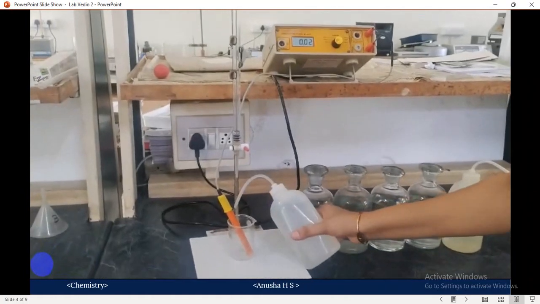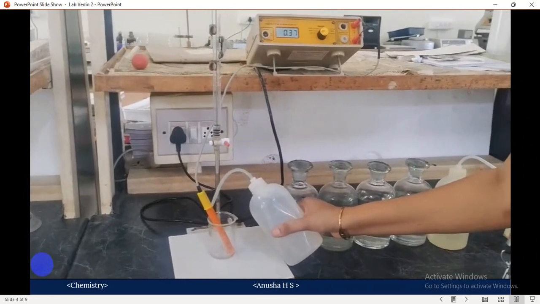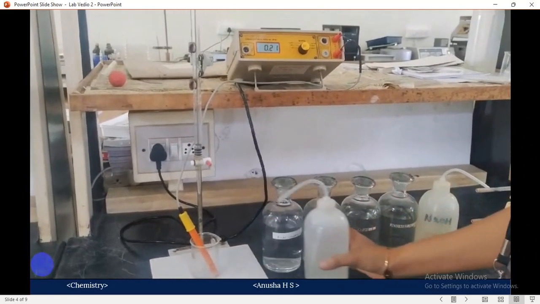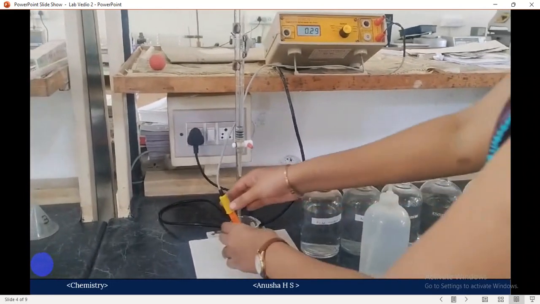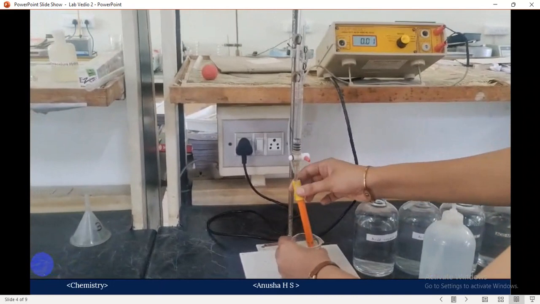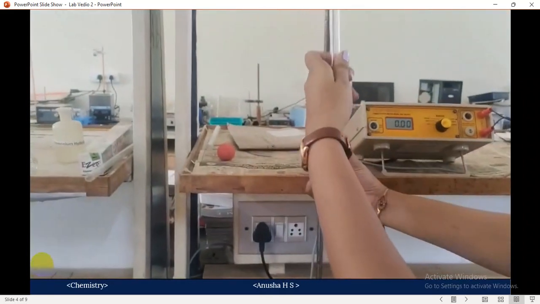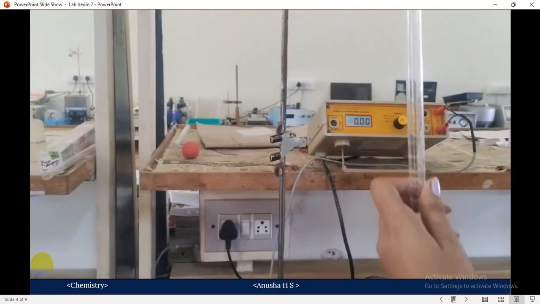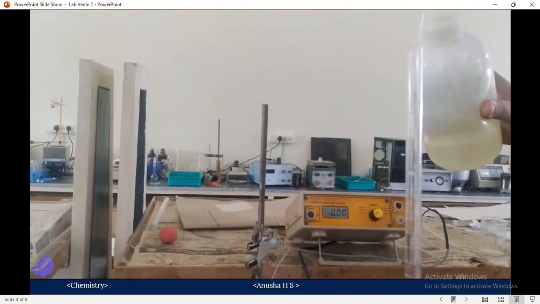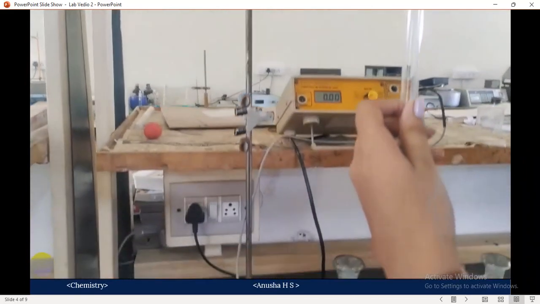First we have to wash the conductivity cell with distilled water, and fill the burette with standard NaOH.